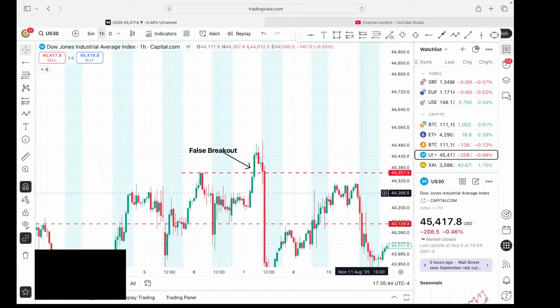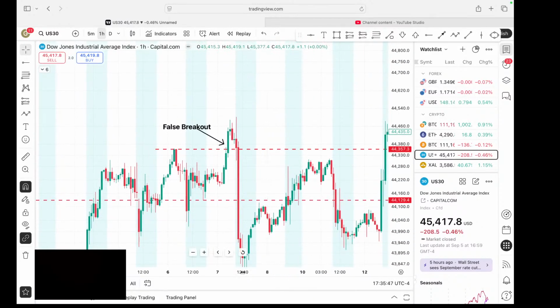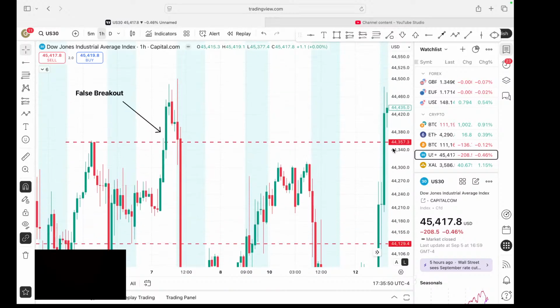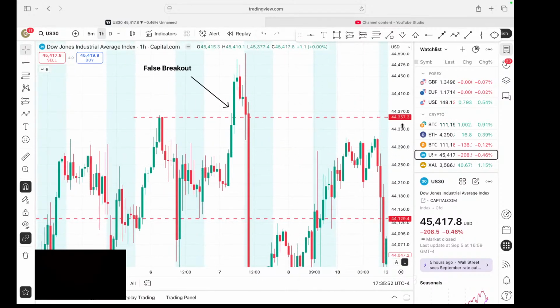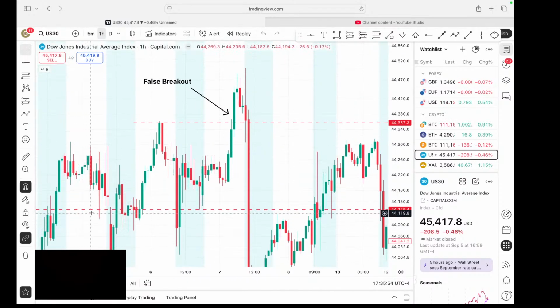All right, cool. So as you can see right here, price was going up, going up, going up, going up. This is resistance. Price broke above it. Then price immediately dropped back down, making this a false breakout. Knocking out all the buyers, right?